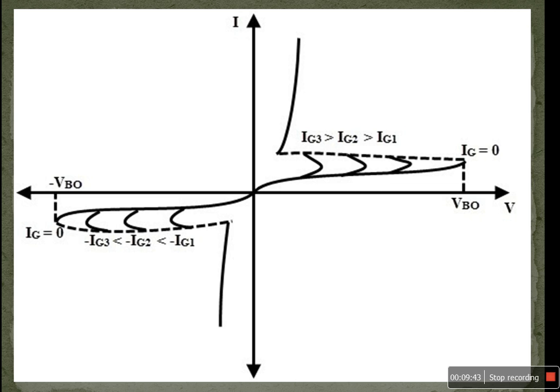A small amount of current flows like this, similar to SCR. In SCR, the junctions J1 and J3 are forward biased and J2 is reverse biased. Due to the minority carriers, a small amount of current flows. So here also, if MT2 is forward biased with respect to MT1, a small amount of current flows due to the minority charge carriers. That will be represented like this.